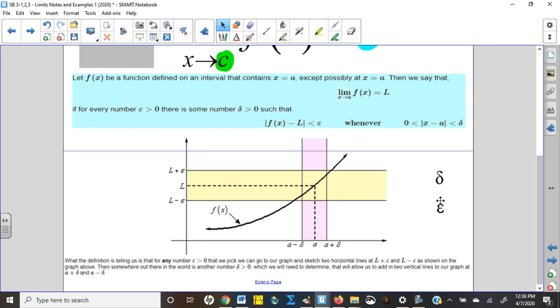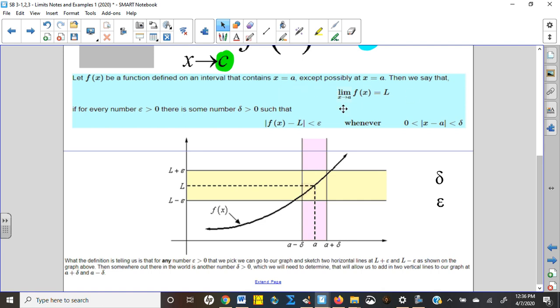And so this definition, I remember the first time I took calculus and I saw this definition, it took me a couple days to wrap my mind around it. So don't worry about it. But let f be a function defined on an interval that contains some x value a, okay?